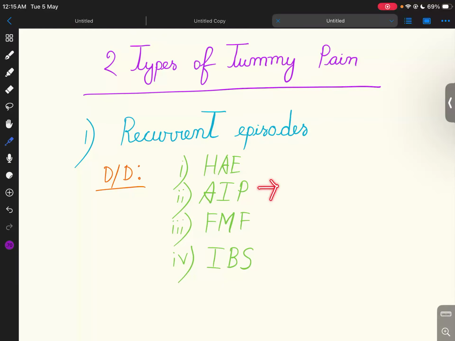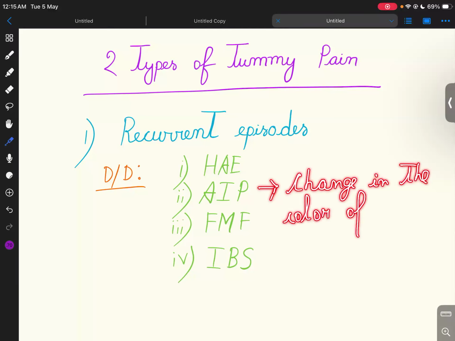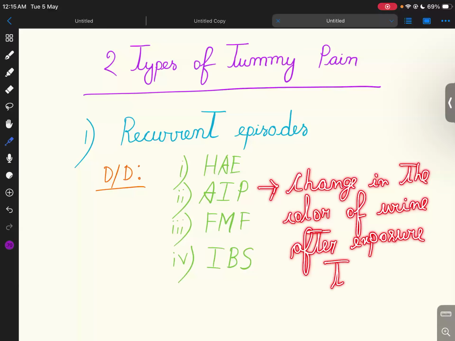The screening question will be about a change in the color of urine after exposure to light. That is, have you noticed any change in the color of urine after exposure to the light? This will be the screening question of acute intermittent porphyria.